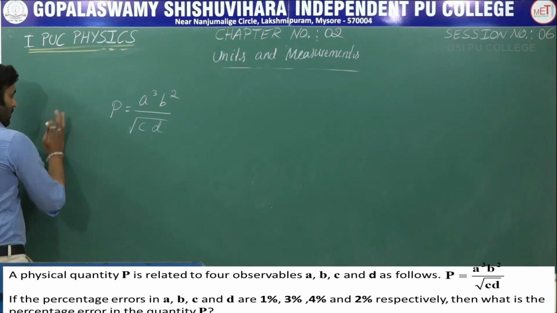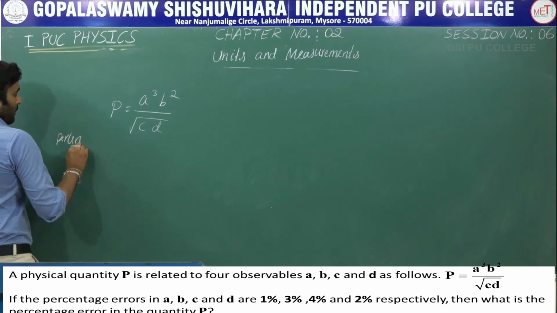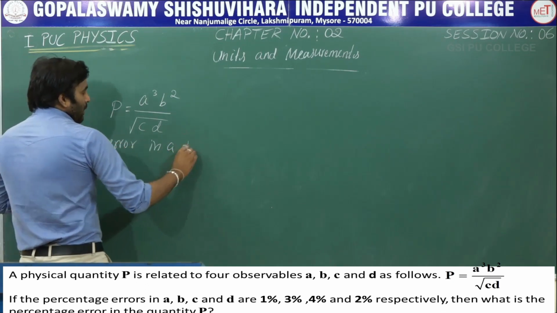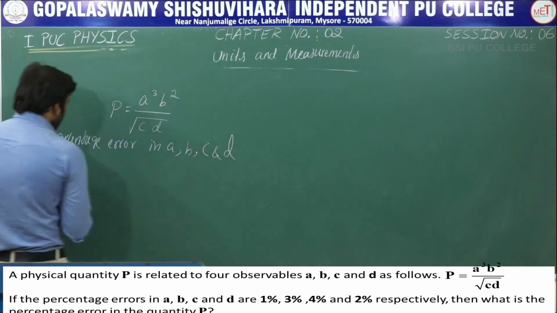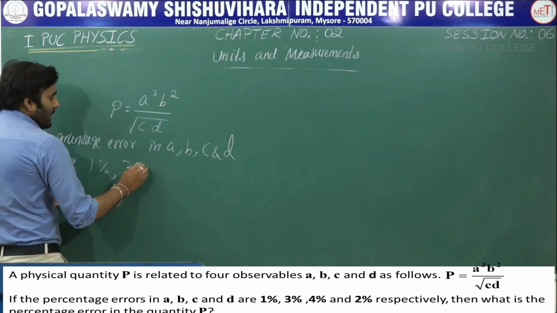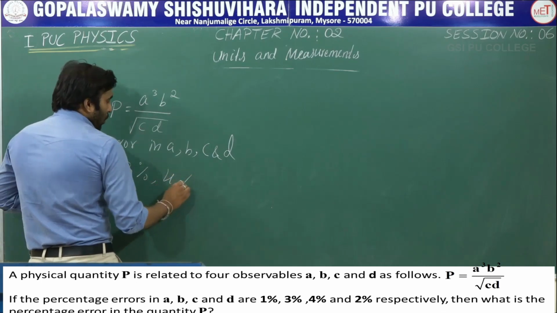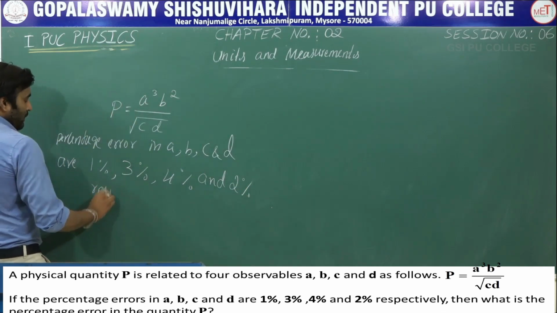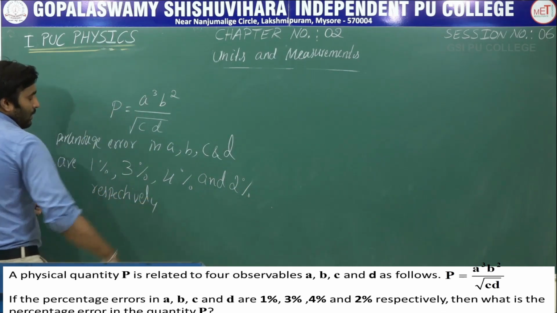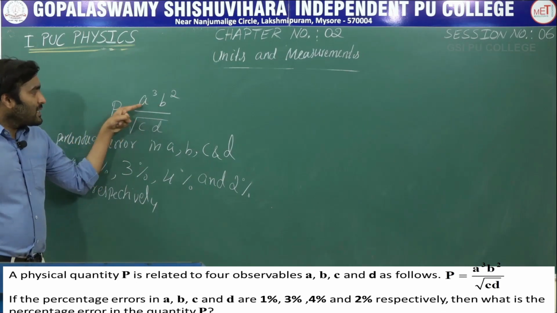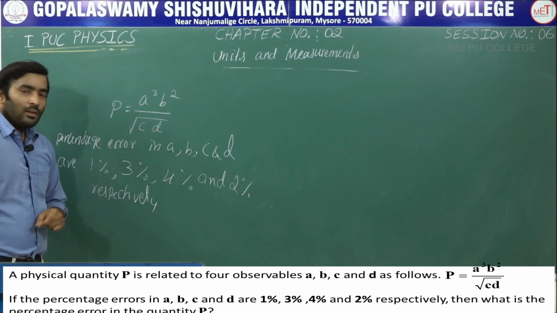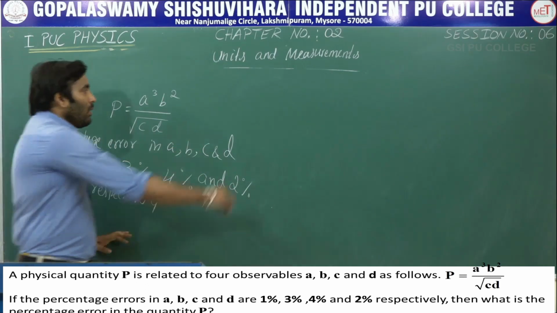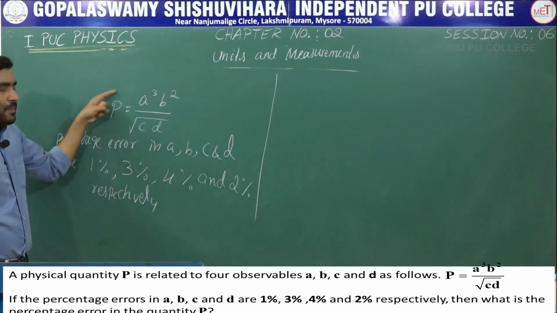I will write the percentage errors in A, B, C and D as 1%, 3%, 4% and 2% respectively. We need to find what is the percentage error in this P.